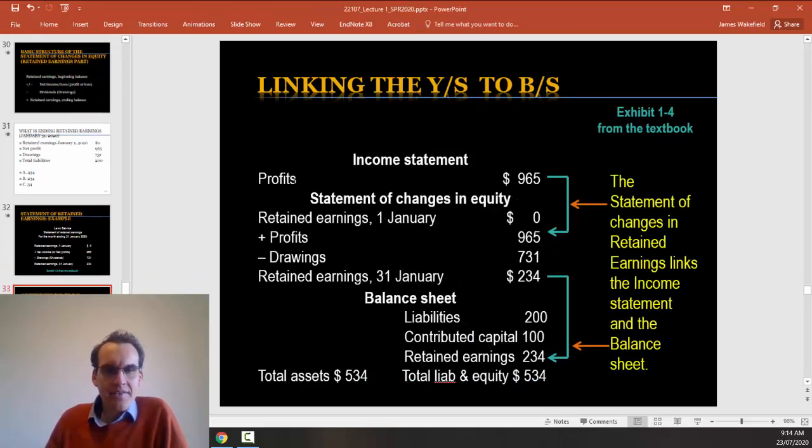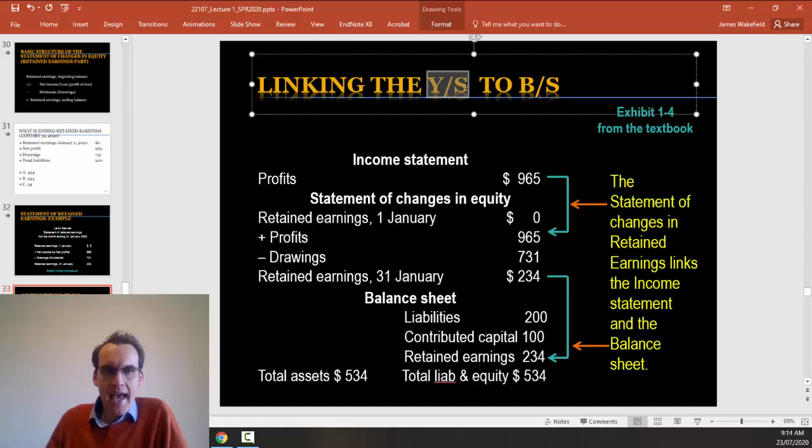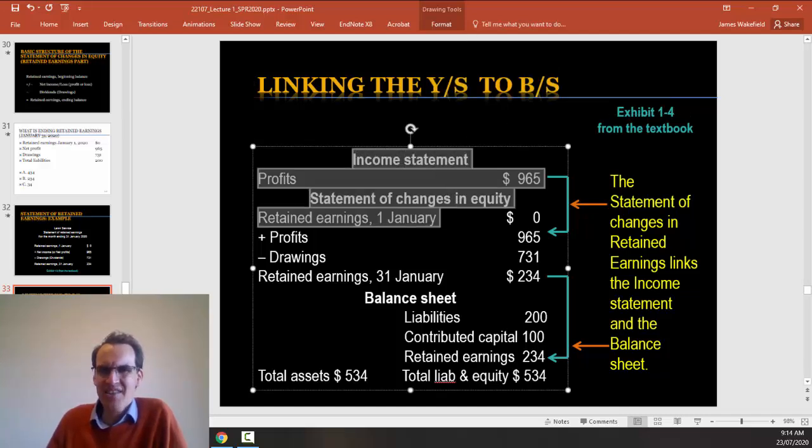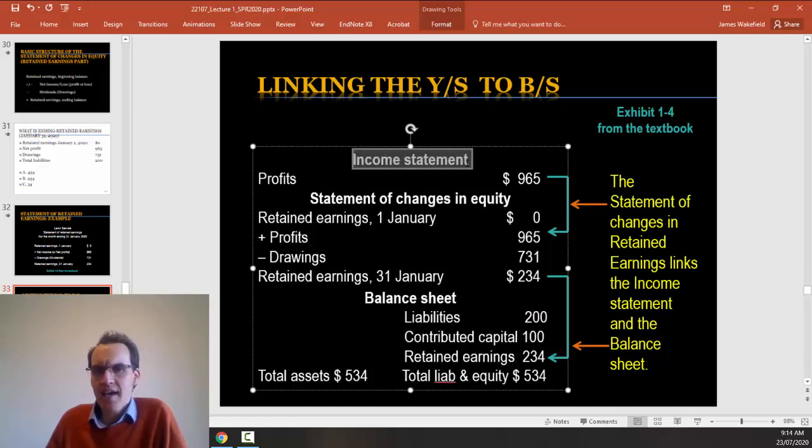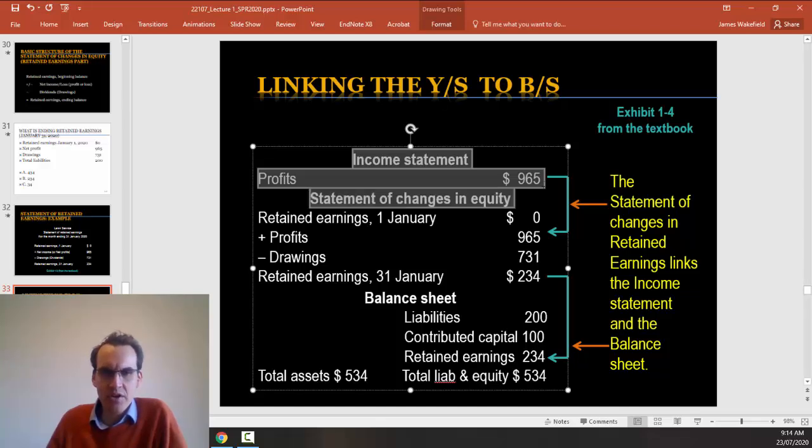Now, linking the income statement and balance sheet together through the Statement of Changes in Equity is one of the key things that shows us the flow of the statements and the correct sequence of preparing those statements. So we start with the income statement, in which we calculate a profit of $965.